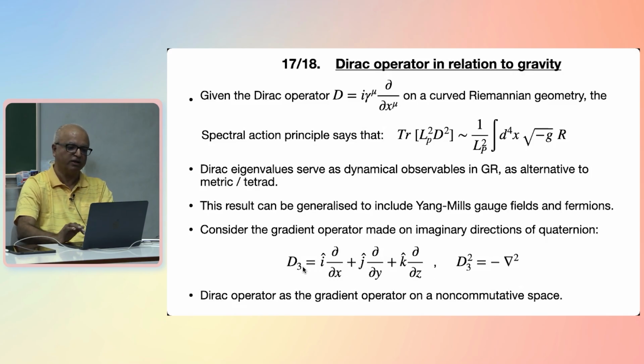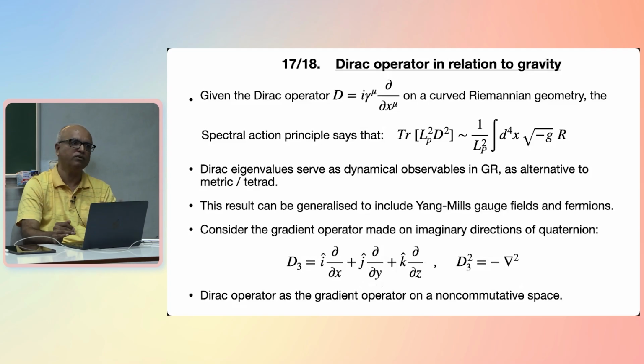Now, just square it: each of i squared, j squared, k squared will give you -1, and that will be the Laplacian. The cross terms will cancel, because ij will give you k, but ji will give you minus k. So, the square of the quaternionic gradient operator is minus the Laplacian.